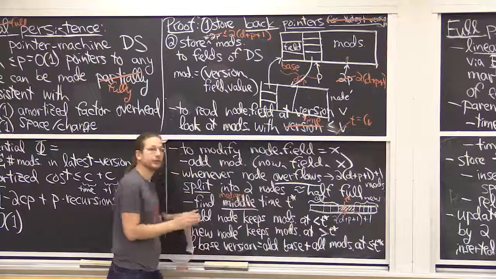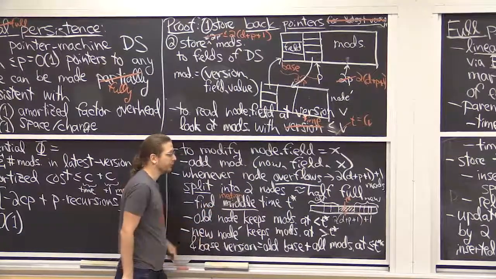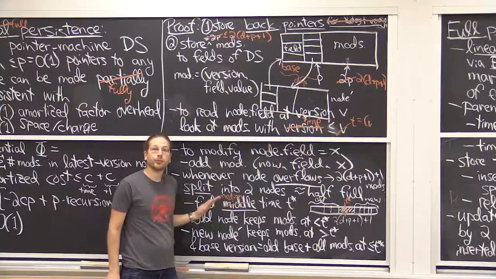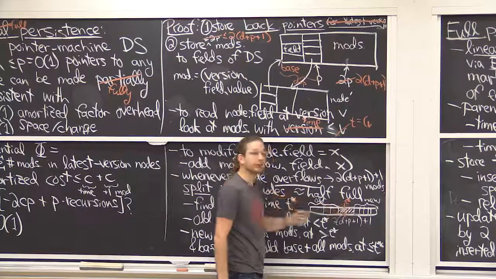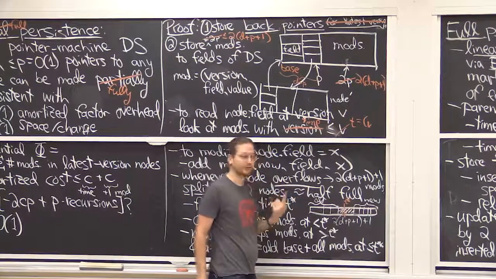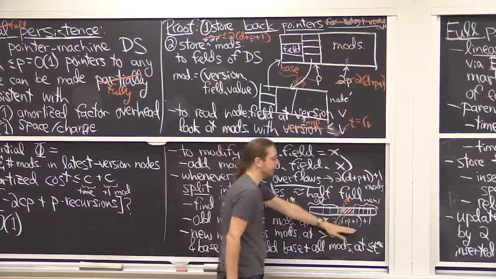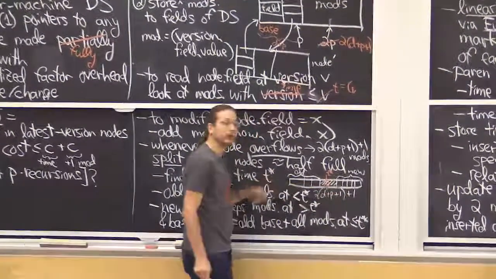So basically we get to eat up t star here by storing it in the base version, which in particular decreases the total number of mods by at least one. Maybe there are several mods with time t star, but there's at least one mod with time t star because it's a median, it's an existing thing. So the total number of mods is going to go down from this value to one less.